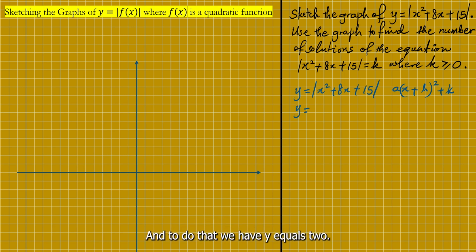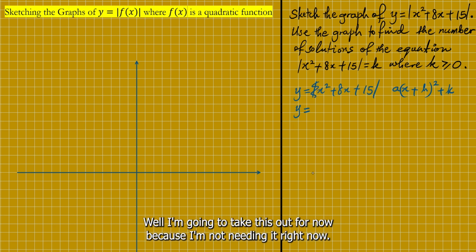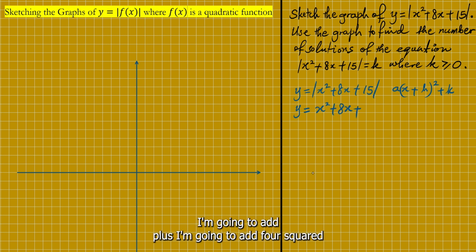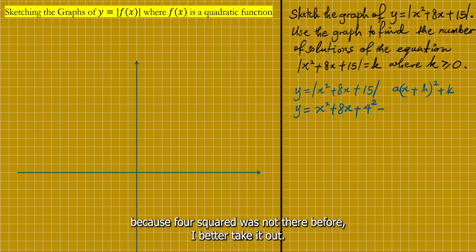And to do that, I will have y equals, well, I'm going to take this out for now because I'm not needing it right now. So I have x squared plus 8x. To complete the square, I'm going to add 4 squared because I have halved 8 and I've taken the square of it. Now because 4 squared was not there before, I better take it out.